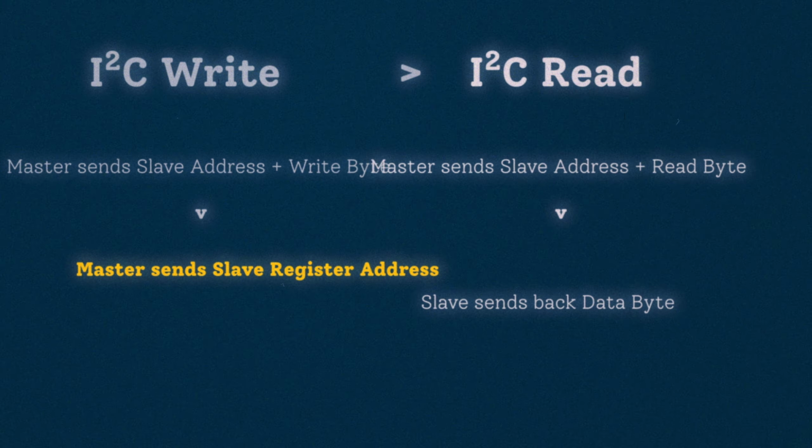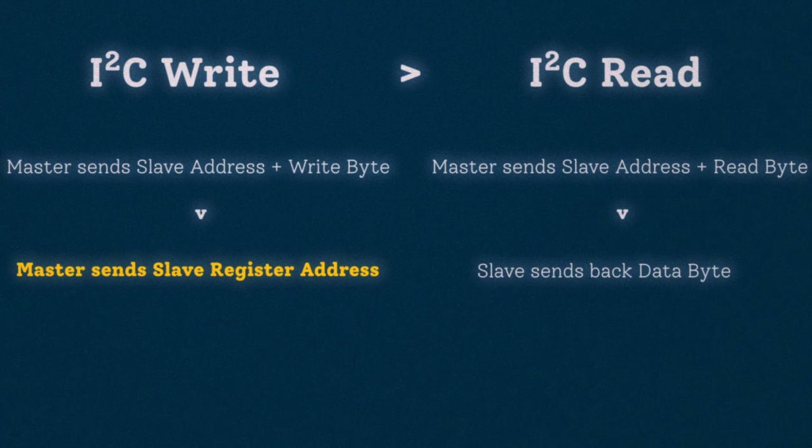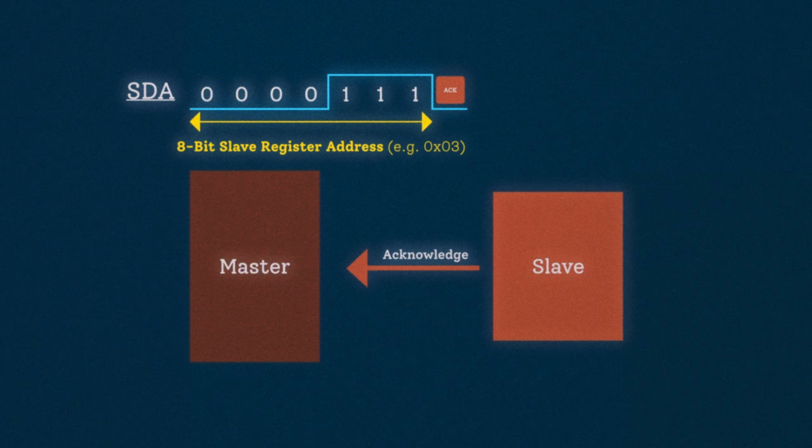So it's simpler to send over the register address as a generic piece of data in a write operation rather than as an input parameter in a read operation, even if it means that an I2C read now requires 2 operations instead of 1.